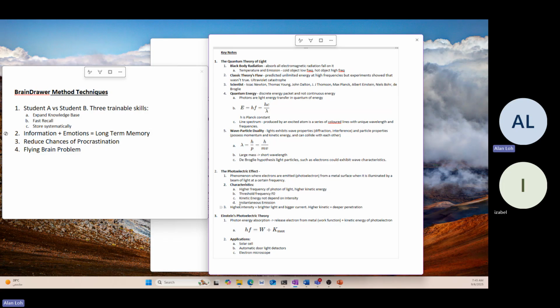So next one, let's read it in a few seconds by yourself. Okay, higher intensity, brighter light, bigger current. So I will imagine there is a bigger torchlight now, and the bigger torchlight is brighter and more powerful, right?